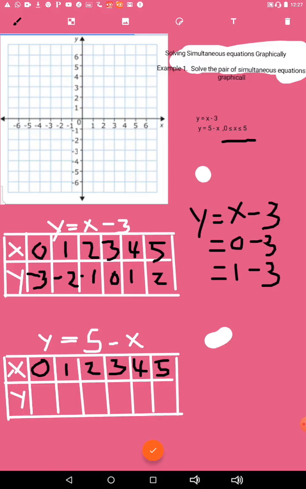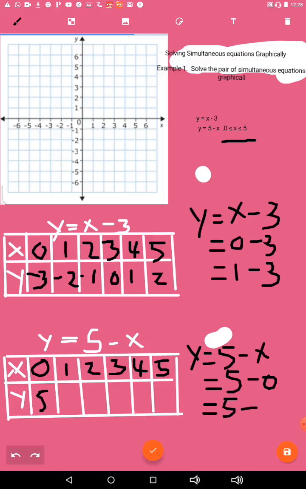So the first case is, let's just rewrite our equation, when x is equal to 0, y is equal to 5 minus 0, which is still 5. Next case is when x is equal to 1, y is equal to 5 minus 1, which is 4.